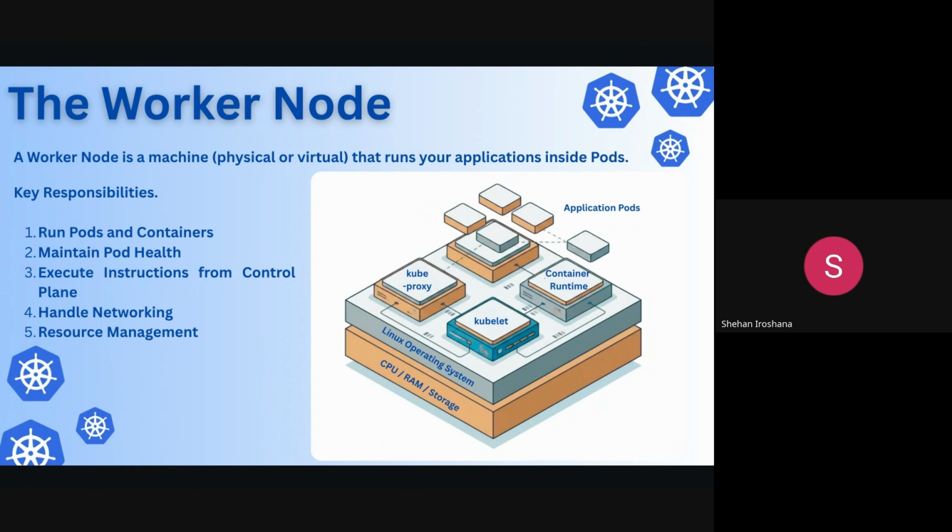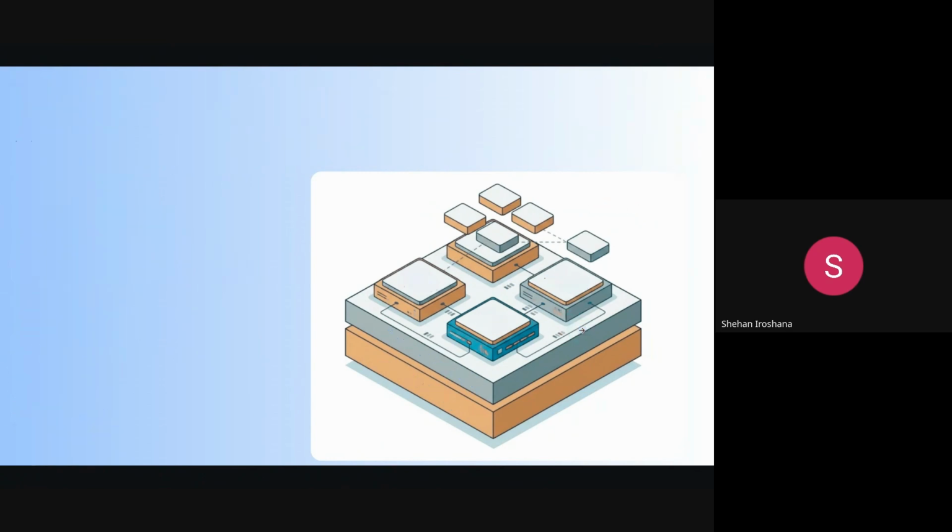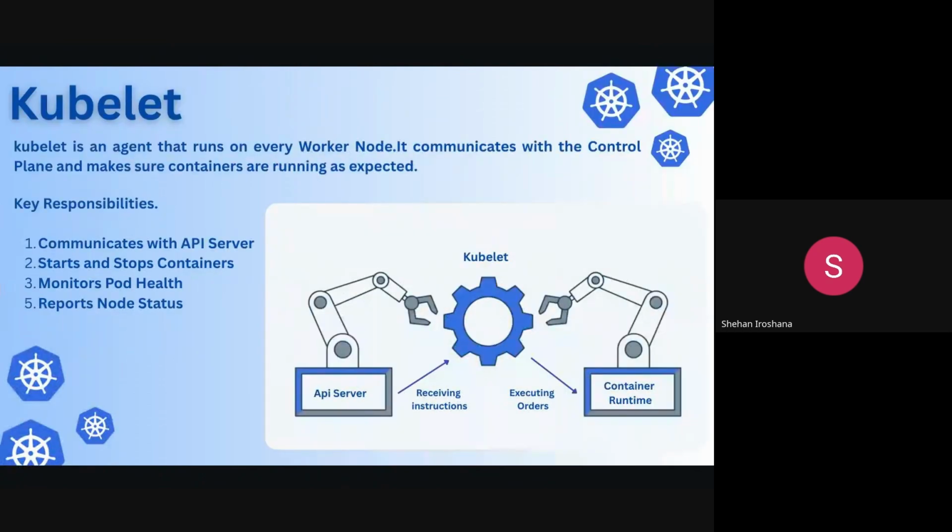So let's break down the kubelet. Kubelet is an agent that runs on every worker node. Its main job is to communicate with the control plane and make sure containers are running as they should.